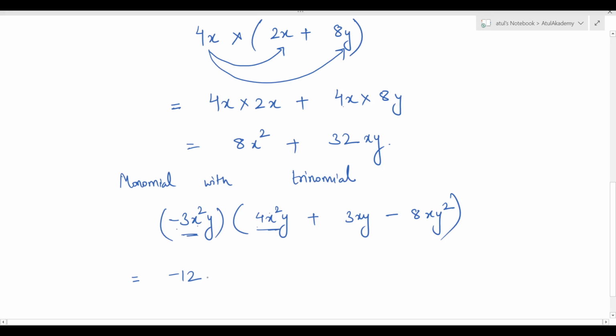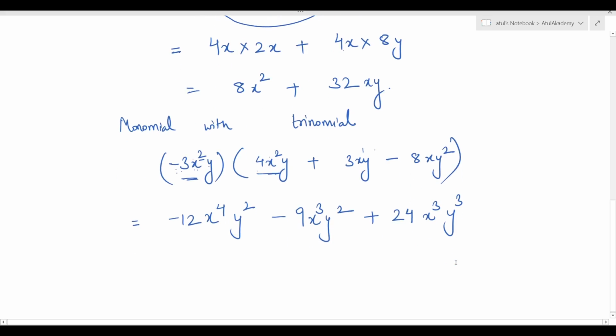X square into x square, powers add up, 2 plus 2, 4. Y into y will be y square because 1 plus 1 the powers. Then again minus 3 into plus 3 will be minus 9. X cube and y square, because here x is 2, this is 1. Here y is 1, this is also 1, 1 plus 1, 2 and 2 plus 1, 3, like that. Now minus 3 into minus 8 will be plus 24. You have to take care of the signs, integer multiplication. Then x square into x will be x cube and y into y square will be y cube. I hope this is also clear.